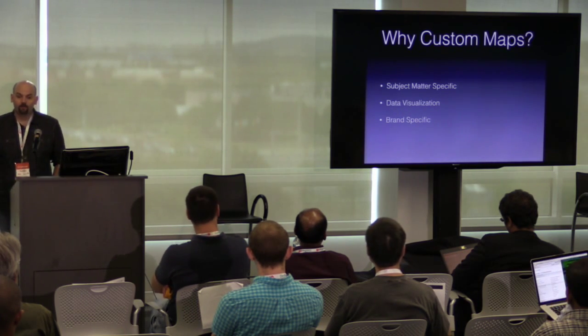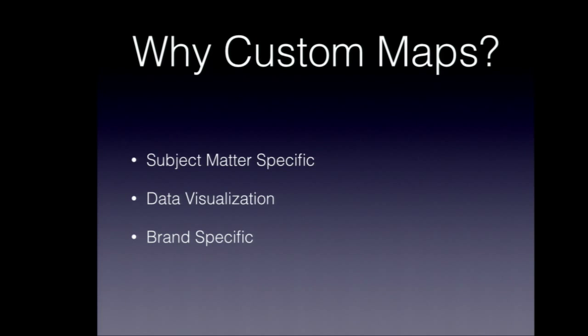So custom maps, why? There are 3 big reasons. A great example would be if you're building a hiking app, where the content of your map is very important: hiking trails or biking trails, parks, rest areas, or especially elevation lines.